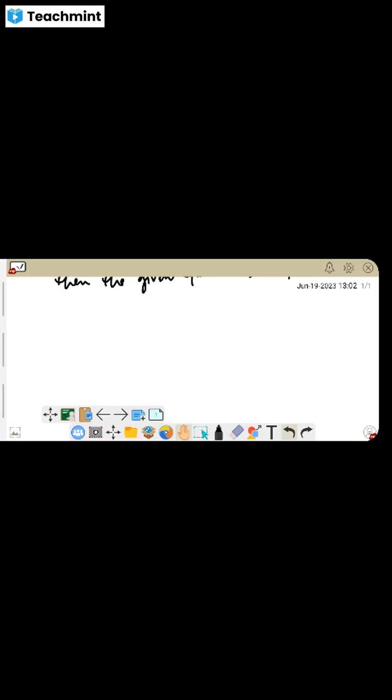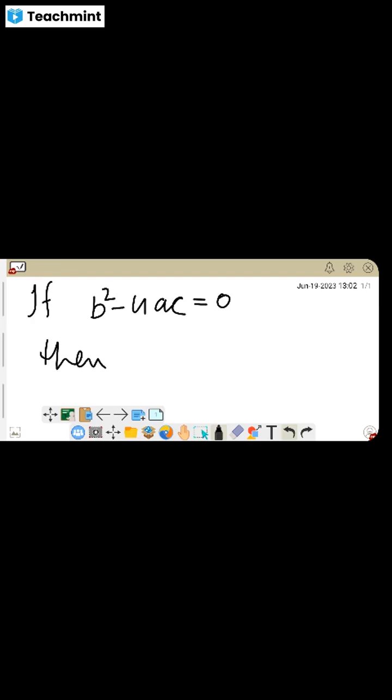And next condition: if b square minus 4ac is equal to 0, then the given equation is parabolic.